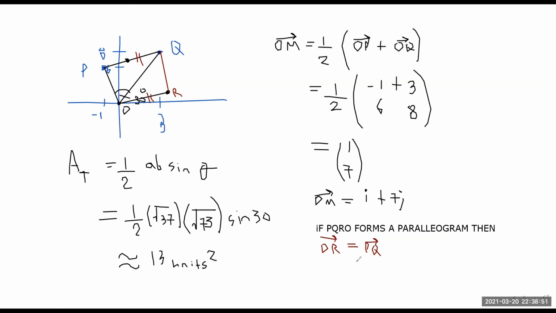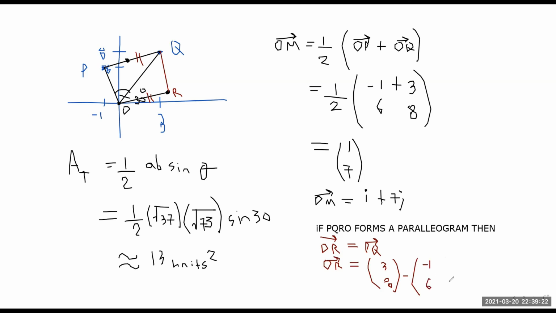Oh, no, we didn't. So let's find vector PQ right here. That means that the position vector OR is going to be PQ, which is OQ minus OP. OQ is the point (3, 8), minus OP, which is (-1, 6).